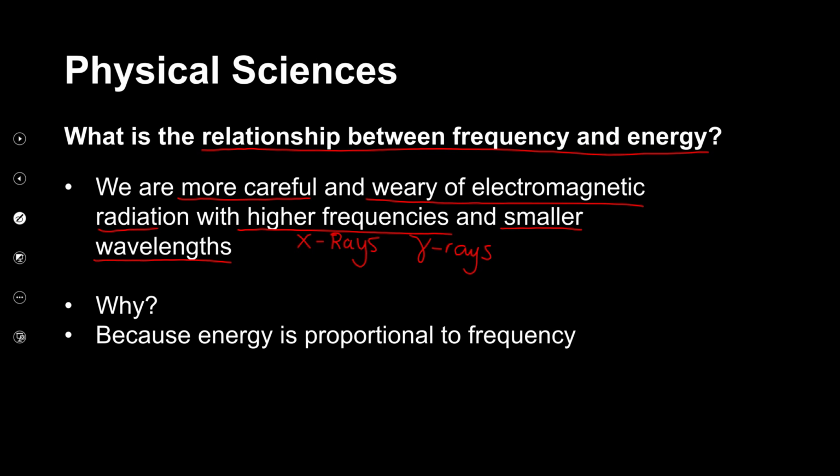The question we can ask ourselves is simply why? And how does this relate to energy? The answer, quite simply, is energy is proportional to the frequency of electromagnetic radiation. This means that as the frequency increases, the energy of electromagnetic radiation increases as well.